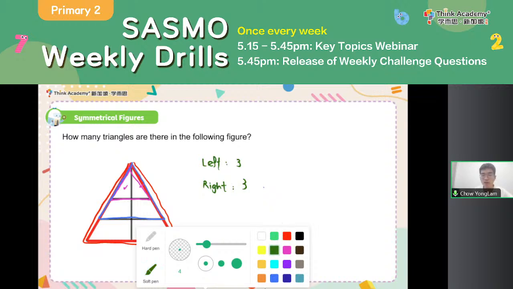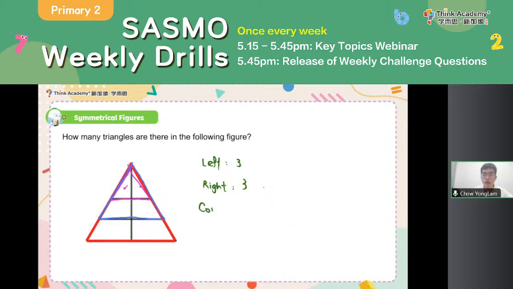So how many more triangles can I form by combining the left and the right? I can form 3 more: small, medium, large again. So in this case, I need to take a look at 3 parts. If the triangle has 2 symmetrical parts, first look at one side, for example, the left side.